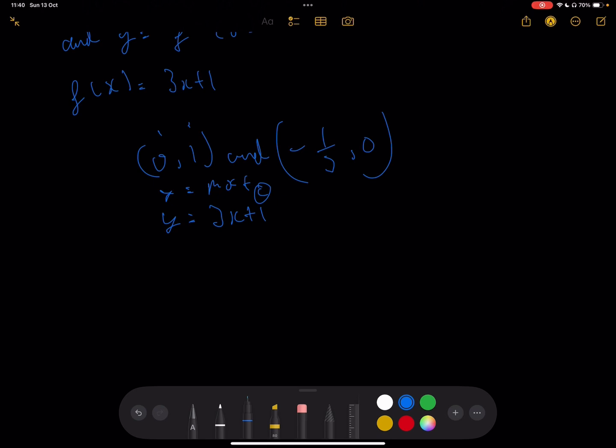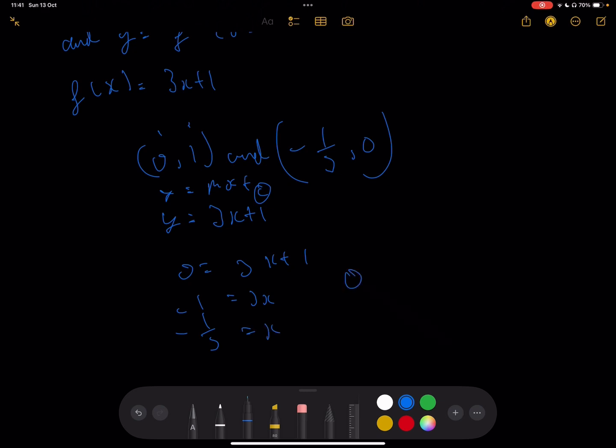To find the x-intercept, however, we know that y is equal to 0 on the x-axis, as it's on level with the origin line where y is 0. So we have 0 is equal to 3x plus 1. We solve for x and get minus 1 over 3 is equal to x.